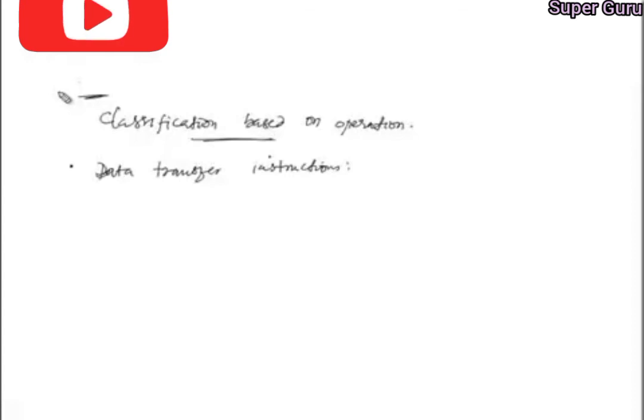Now first we will see the first instruction, MOV R1, R2. That means the R2 data will be moved to R1.